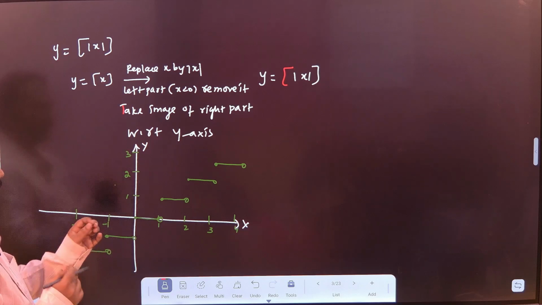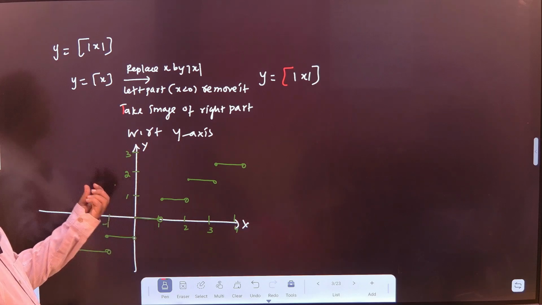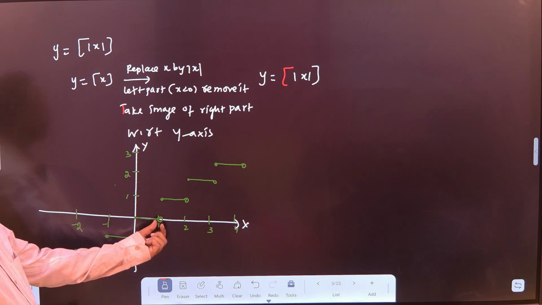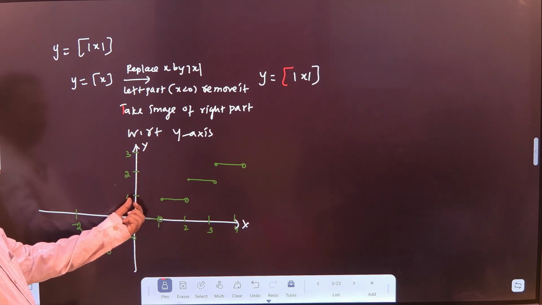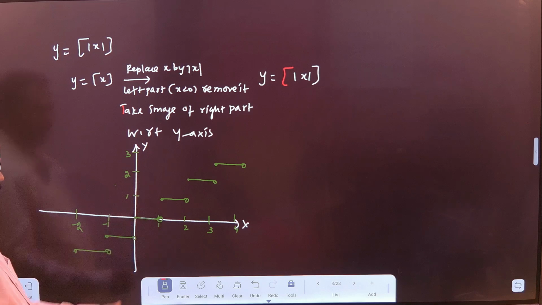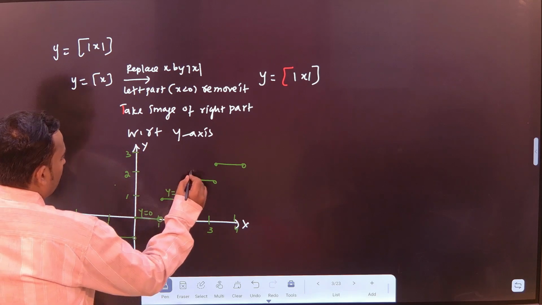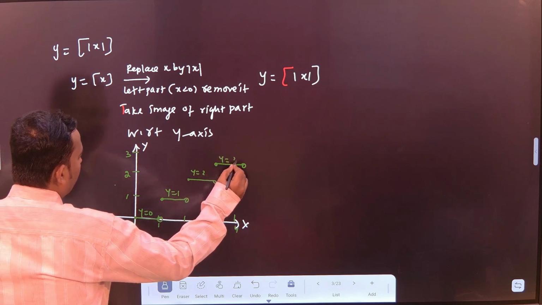Greatest integer function. When x is 0 to 1, the greatest integer value is what? 0. When x is 1 to 2, the greatest integer value is what? 1. So here y is 0, y is equal to 1, y is equal to 2, y is equal to 3. Clear?